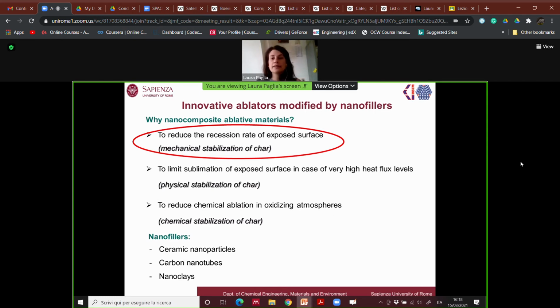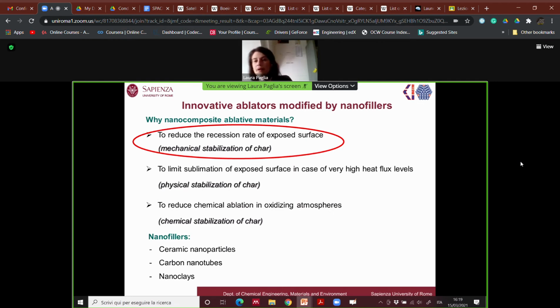There are different kinds of nanofillers which can be used for ablative materials. For example, carbon nanotubes were used in order to have a mechanical stabilization of the char. Okay. Also nanoclays were very much used.